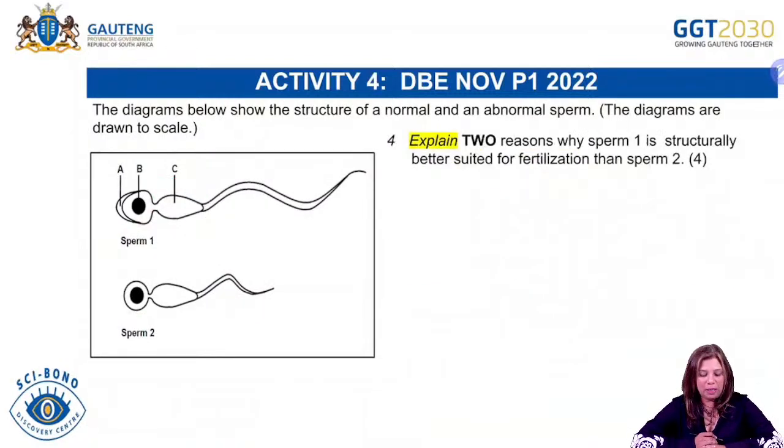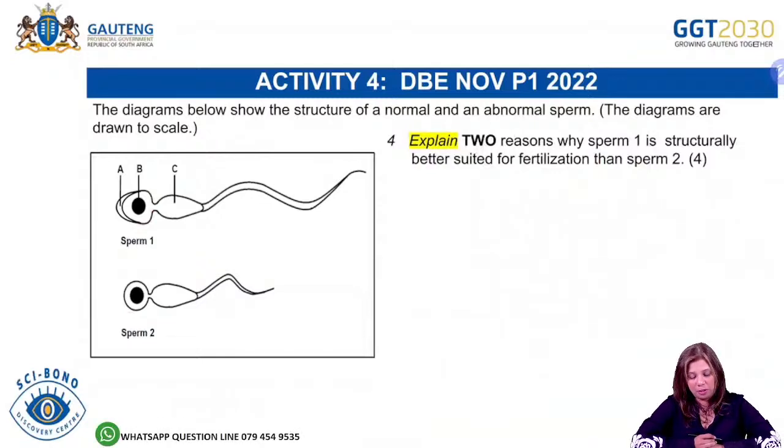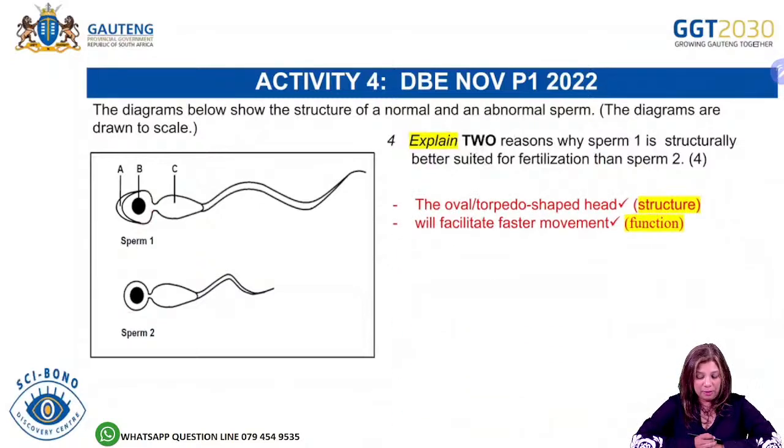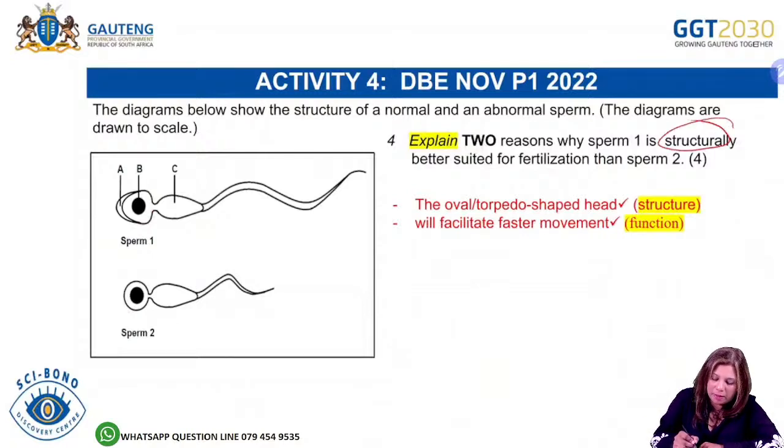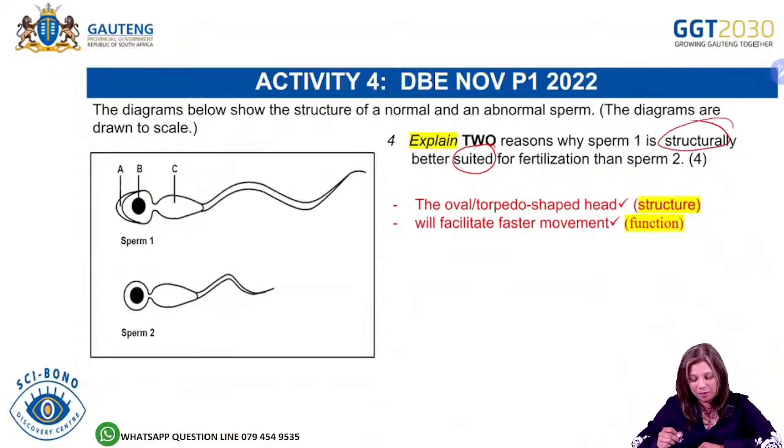If we look at the last question, which is question number 4: explain 2 reasons why sperm 1 is structurally better suited for fertilization than sperm 2. So we need to do structure and function, as we've highlighted in the answer.